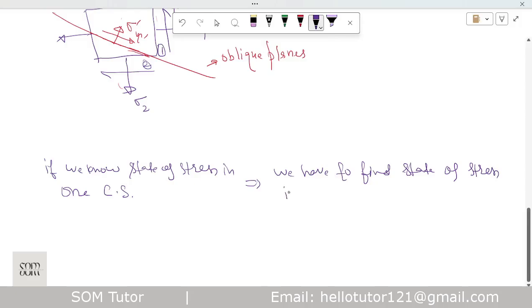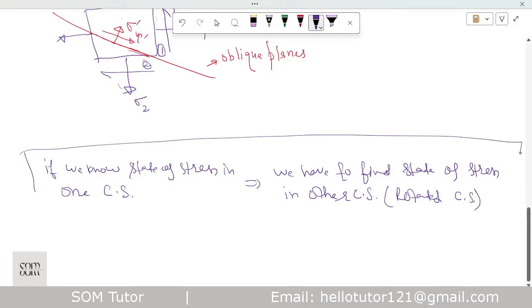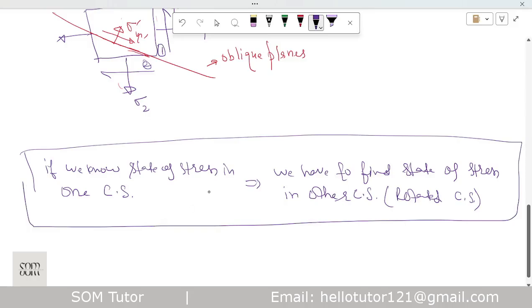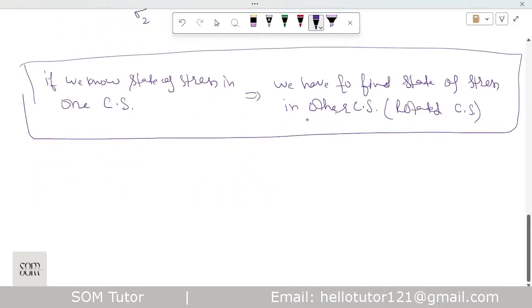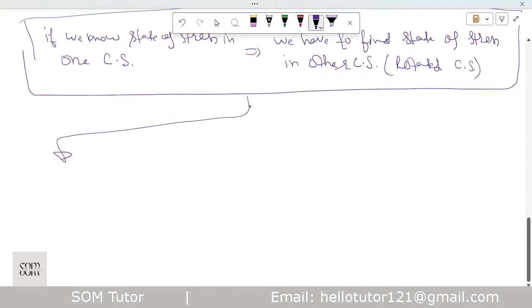Basically it is a rotated coordinate system. So this is what we want to find. In order to achieve this, we can do it in two ways. First, we are going to analytically see it. We call it the method of equilibrium.